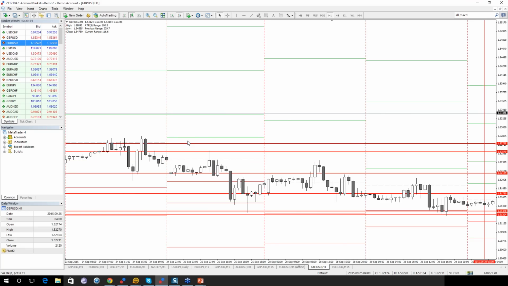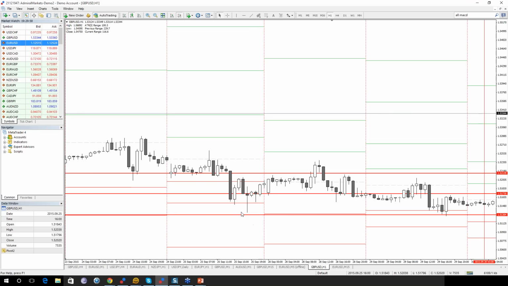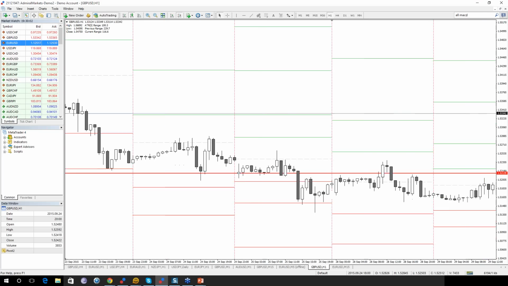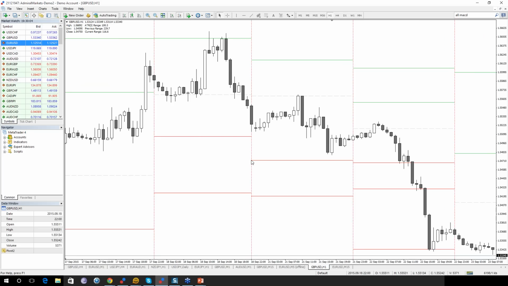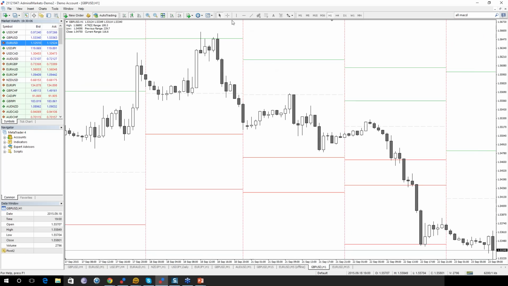Okay, let's remove these lines and let's find another example. Let's say when there is some sort of a trend, usually during trends, price is behaving correctly. Okay, here.